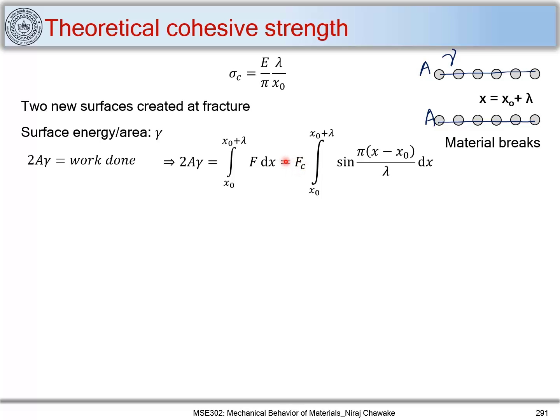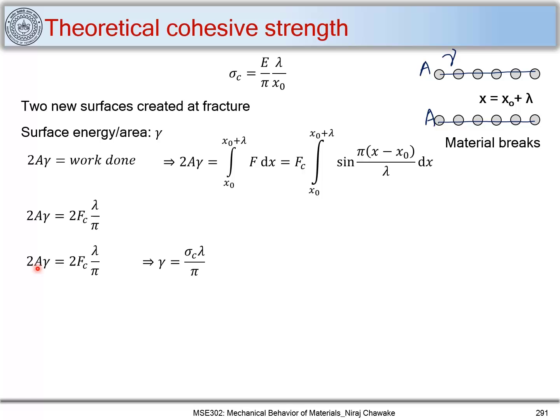if you go and check the previous slide, you can replace this f in terms of fc and this relation, and you will end up in this relation where you have 2a gamma equal to 2 fc lambda upon pi. If you solve this integration, you will end up with this value, and you can get this relation, where you can put this gamma, that is surface energy, to be equal to sigma c lambda upon pi.